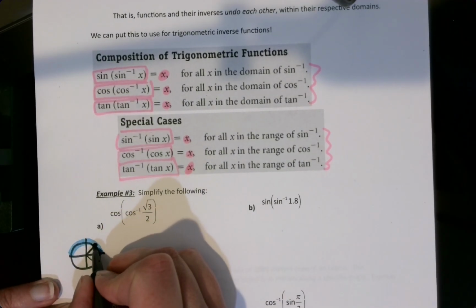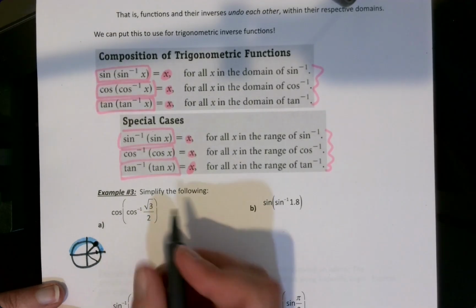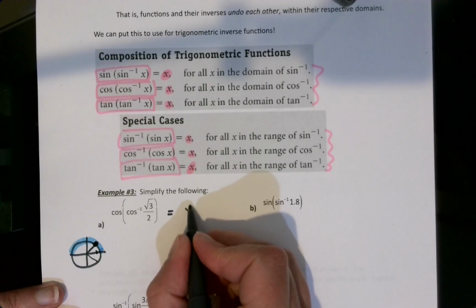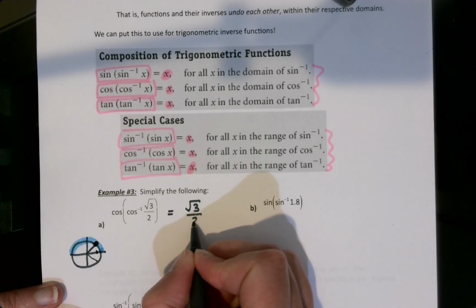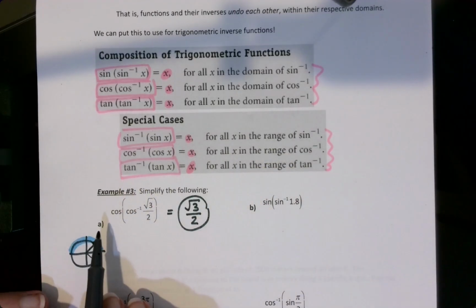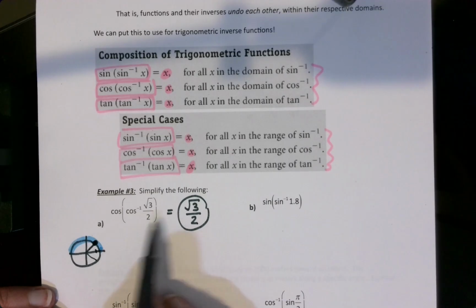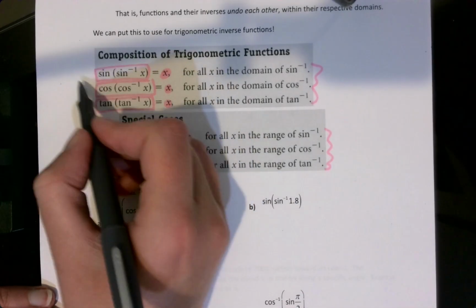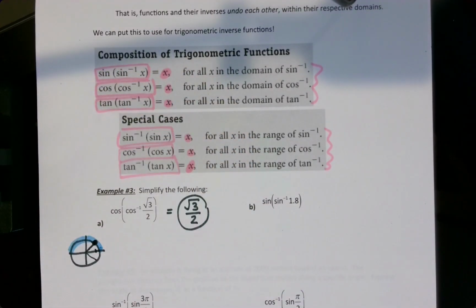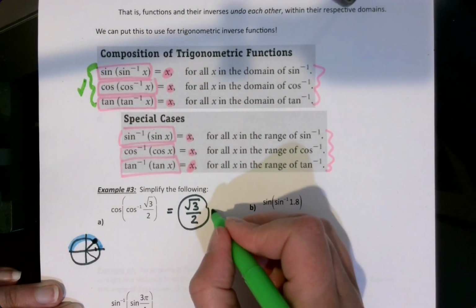So it's going to return this specific angle. And then you need to take the cosine of that specific angle, and it will be the square root of 3 over 2. So this one works exactly as expected. When you do the cosine of the arc cosine, you're going to get exactly the input back, just like these properties up here. Okay, so let me color code these as working great as anticipated right here.